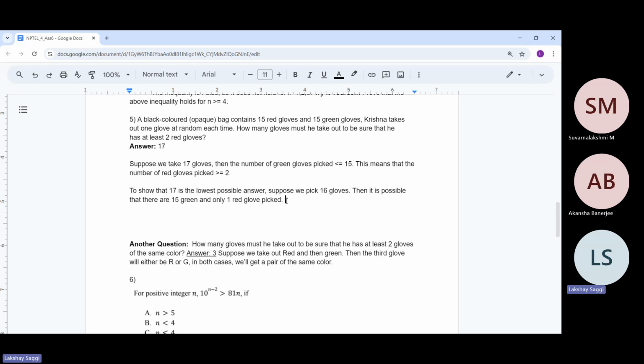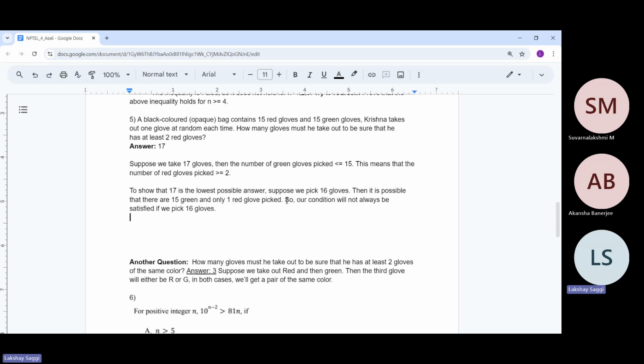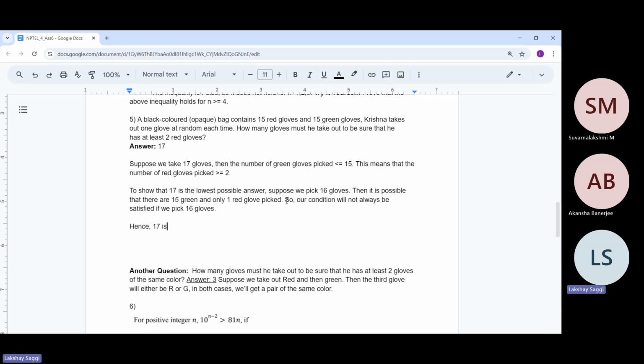So this case fails. Our condition will not always be satisfied if we pick 16. So 17 is the minimum possible. I hope this somewhat makes sense.